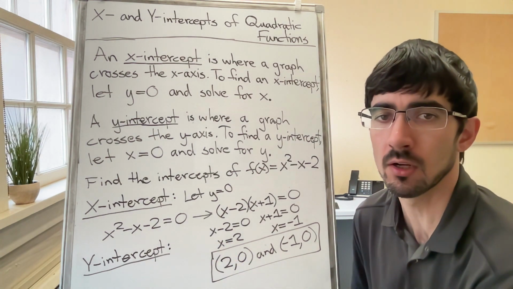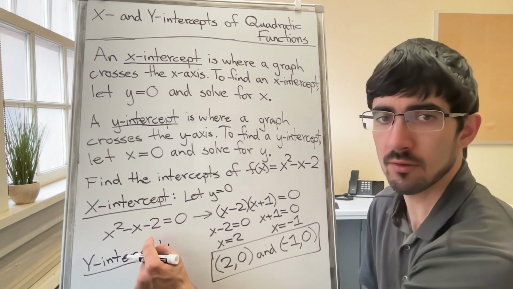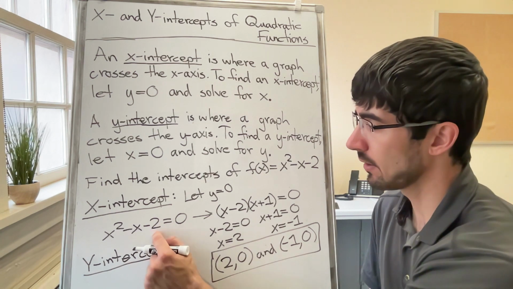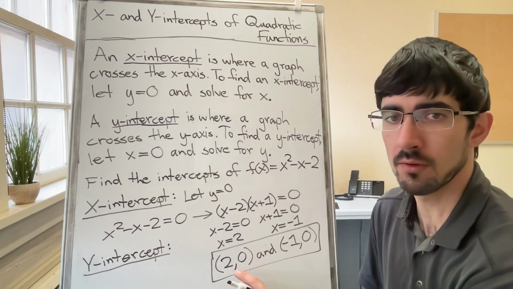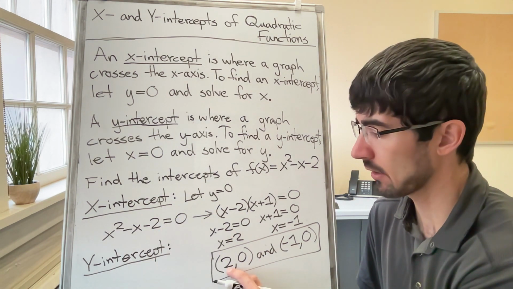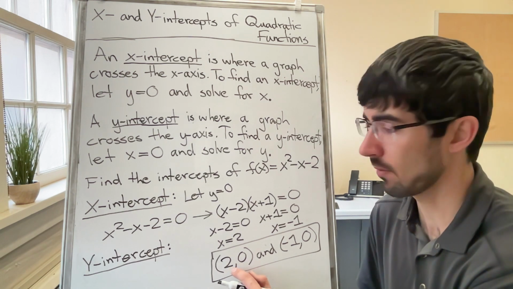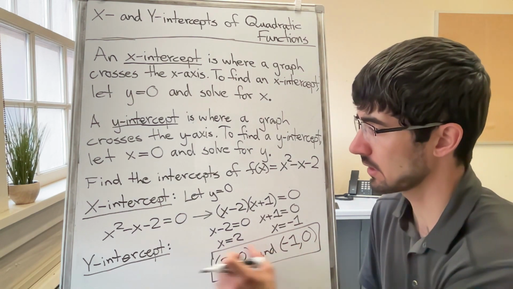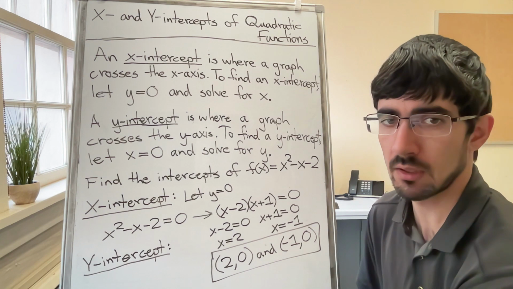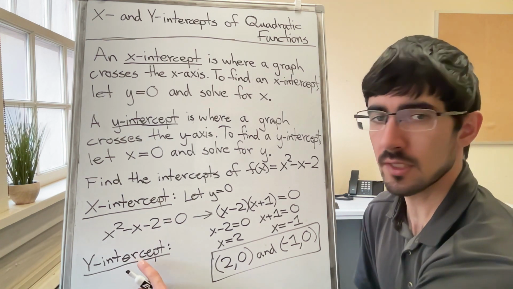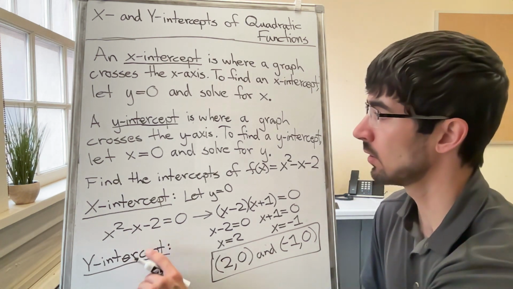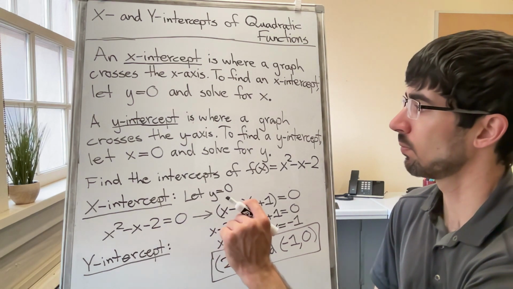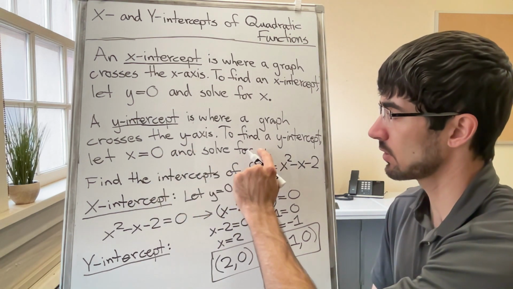Remember I said earlier that the solutions of this quadratic equation are the same as the zeros of the function, or the x values at the x-intercepts. So it makes sense that to find x-intercepts, we're solving this quadratic equation. Now the y-intercept is a little more straightforward. To find the y-intercept, we let x equal 0 and we solve for y.